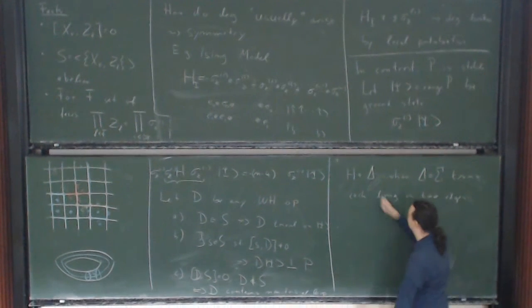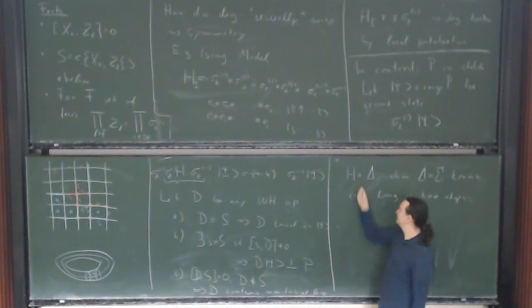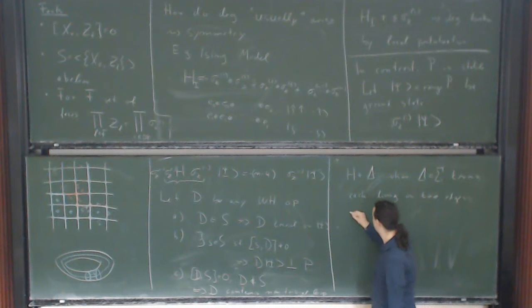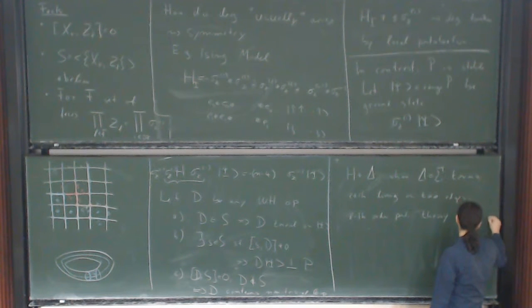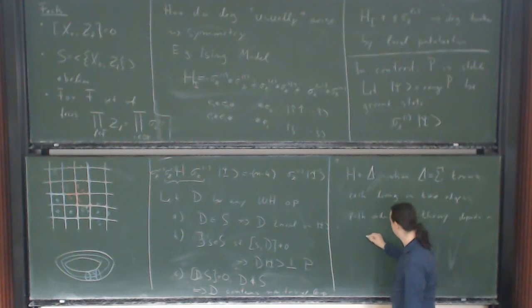So then I want to use perturbation theory to see how this affects my ground state space. What does the order L perturbation theory depend on?